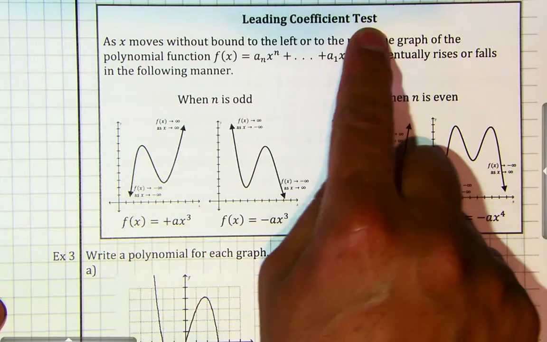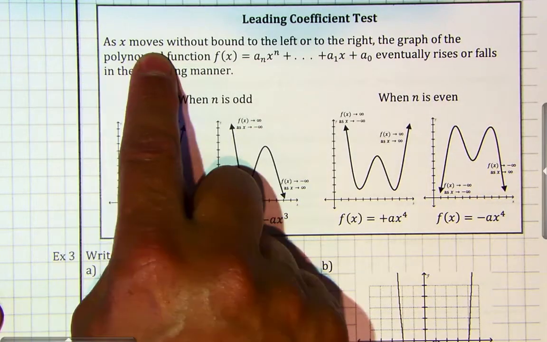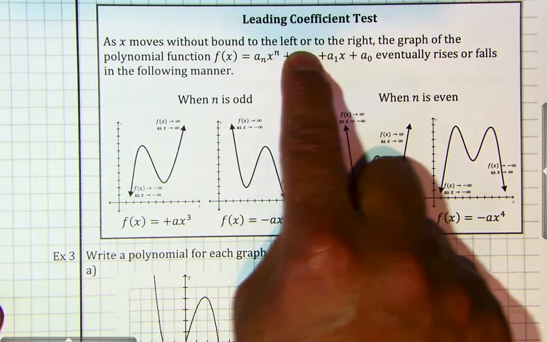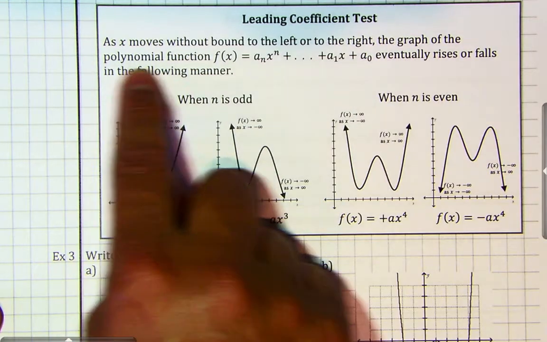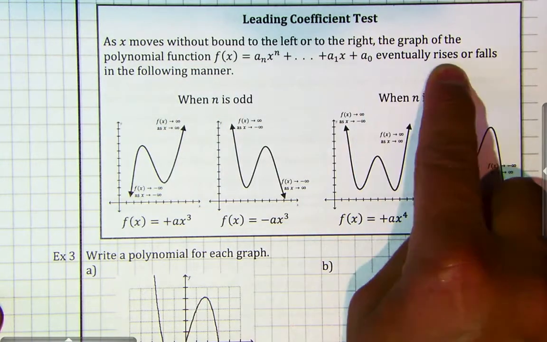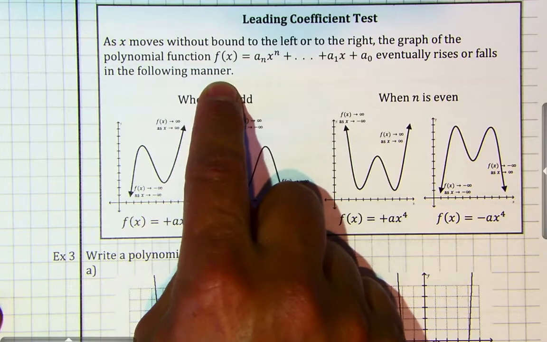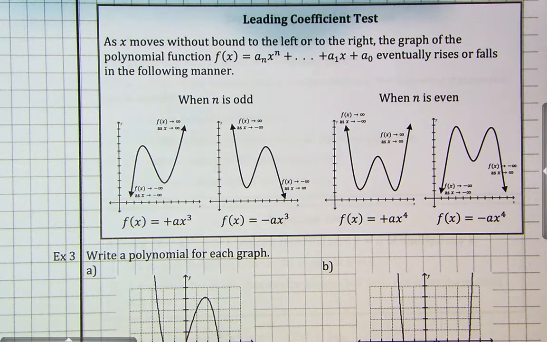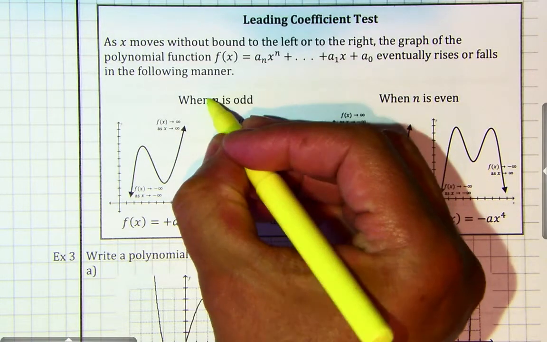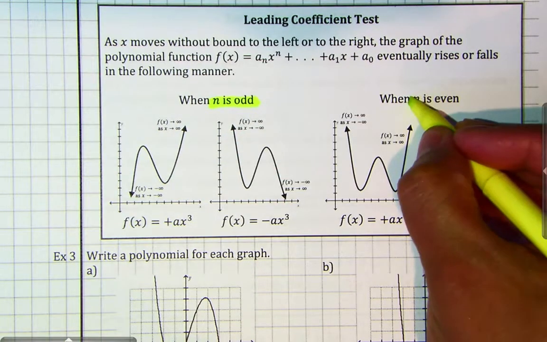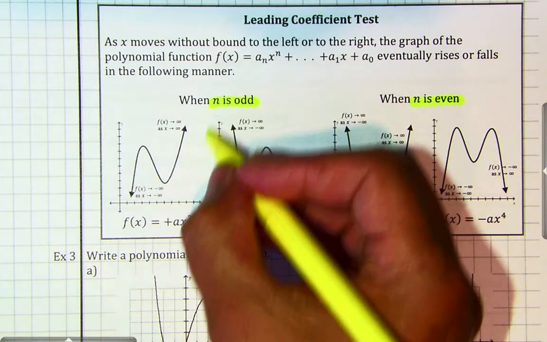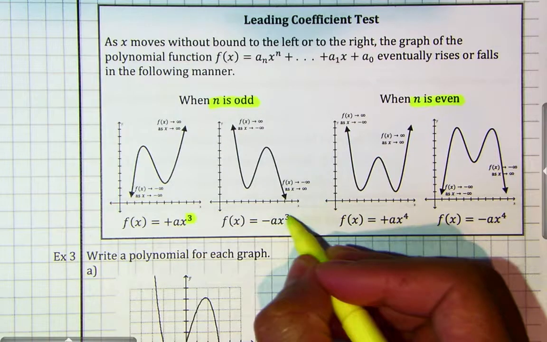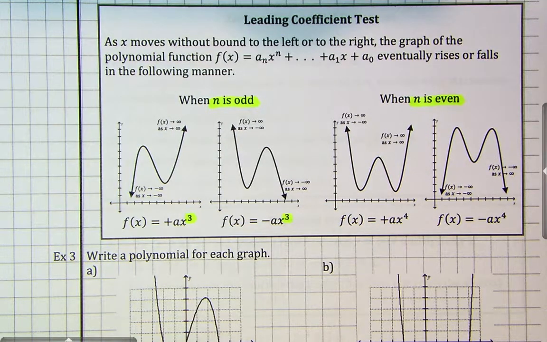So the leading coefficient test. As x moves without bound to the left or to the right, the graph of the polynomial function eventually rises or falls in the following manner. So we have two cases, when n is odd or when n is even. Now n is going to be the degree of the polynomial, so in this case it is to the 3rd power.